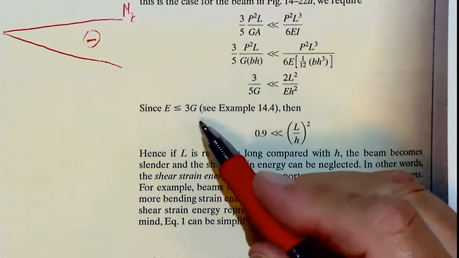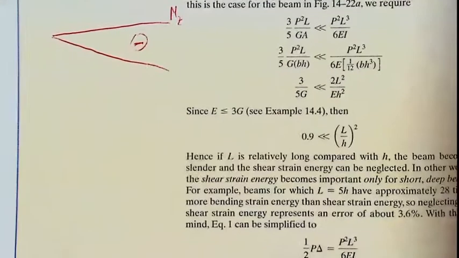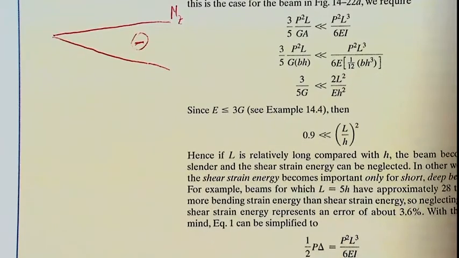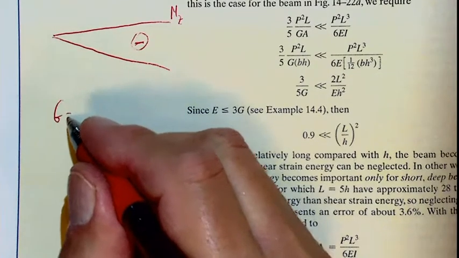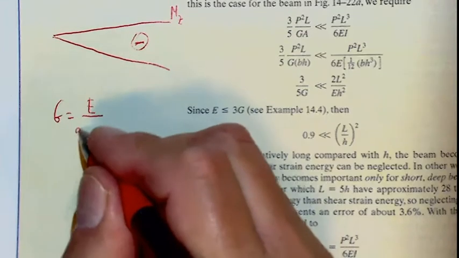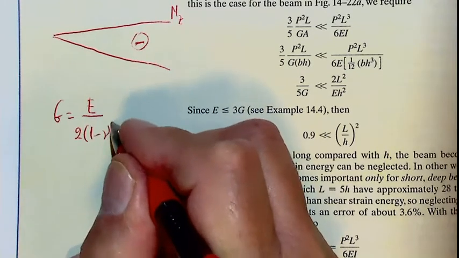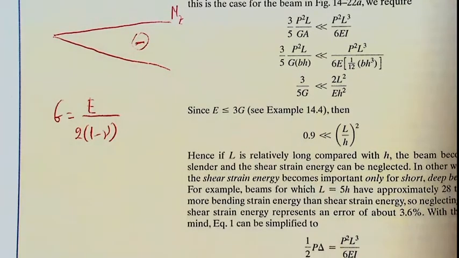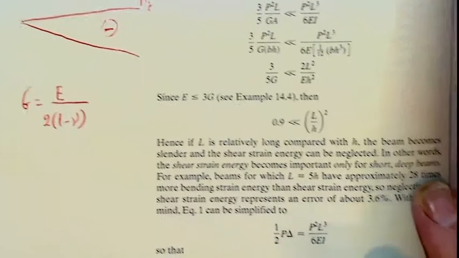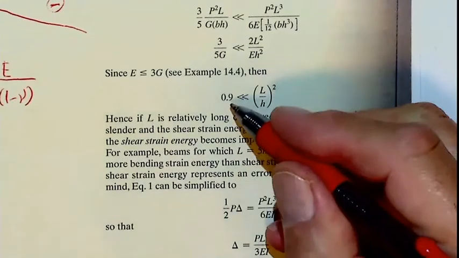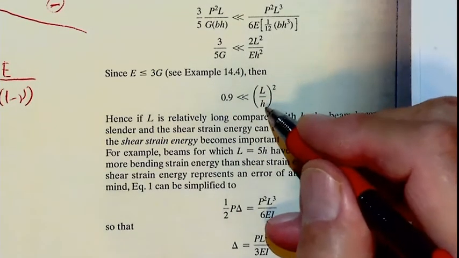E is not just smaller than 3G, because G equals E over 2 times (1 plus nu). So we get at the end that 0.9 is much smaller than L over H.